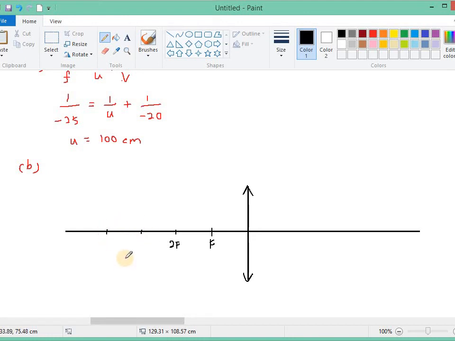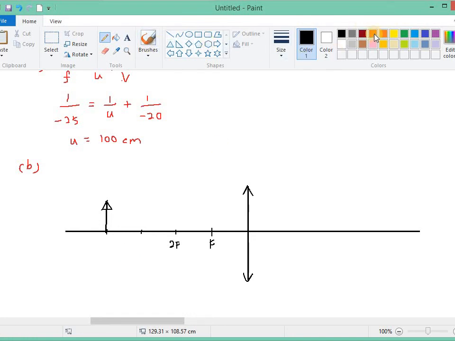So that means the object is over here. Although you don't have to measure exactly, the ratio must look more or less the same.